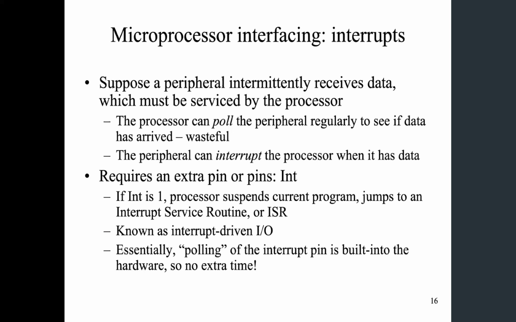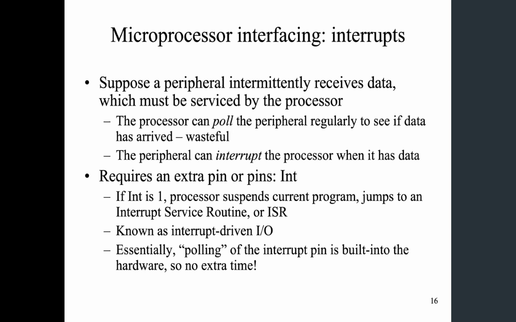Underneath, how this works is that essentially the polling of the interrupt pin is built into the hardware. So instead of spending instructions to read the status bit of the peripheral, the processor itself has some built-in logic which will sense the voltage level at the interrupt pin.